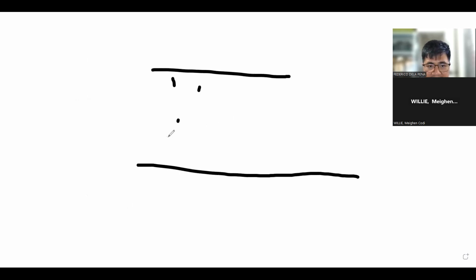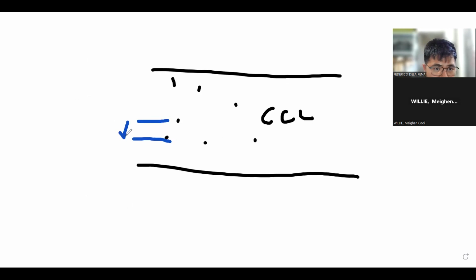And you can imagine, if this is your compacted clay liner, you can visualize the Darcy velocity as the group movement. But in reality, you can have leachate that's moving very, very fast individually, and then the rest of the leachate is moving quite slowly.